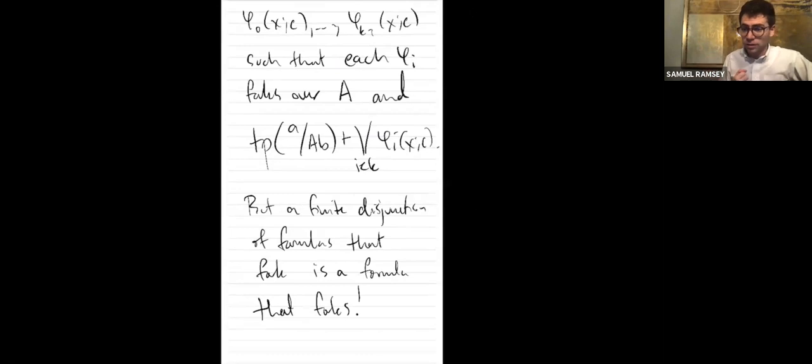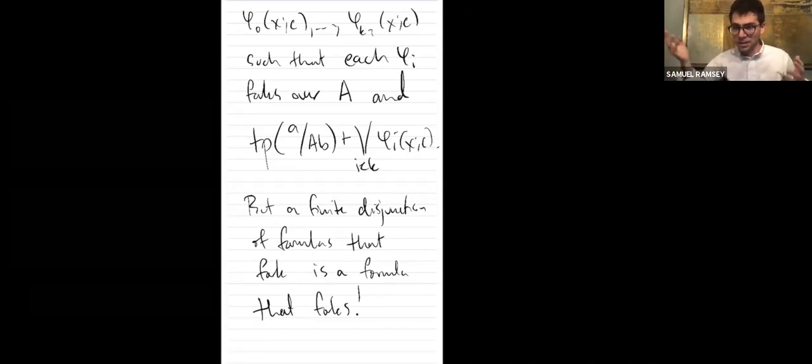It means it implies a finite disjunction of dividing formulas. So if you take a disjunction of two formulas that fork, then it implies a bigger disjunction, namely the disjunction of all the formulas that the first one implies, and the disjunction of the formulas that the second one implies, right? This is also clear from the unions picture. A formula forks if it's contained in a finite union of dividing sets. So if you take a finite union of sets that are each contained in a finite union of dividing sets, then it's of course contained in a finite union of dividing sets. You just take the finite union of the finite unions.